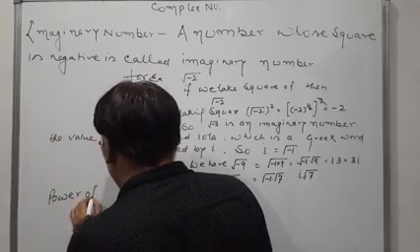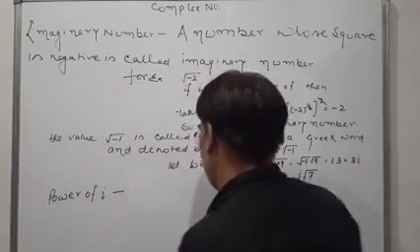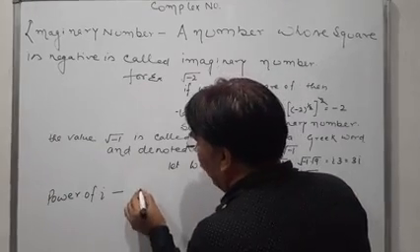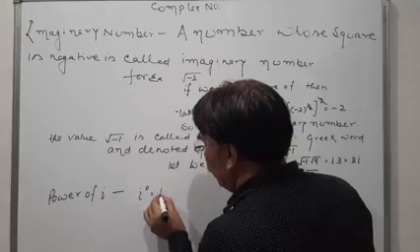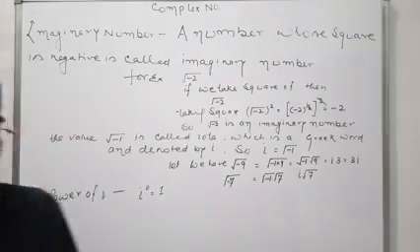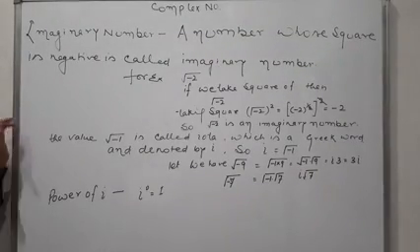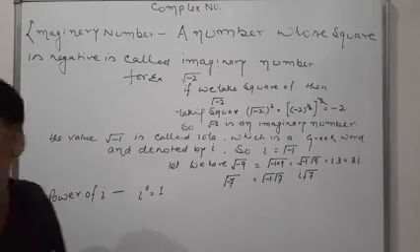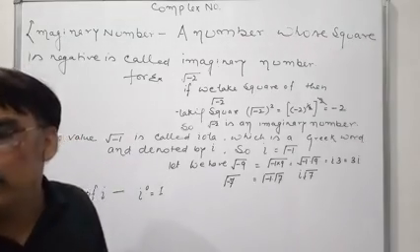Now we are going to discuss power of i. i to the power 0 is equal to 1. If the power of any number is 0, then we take its value as 1.